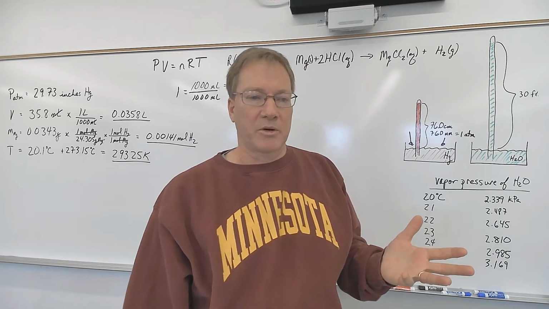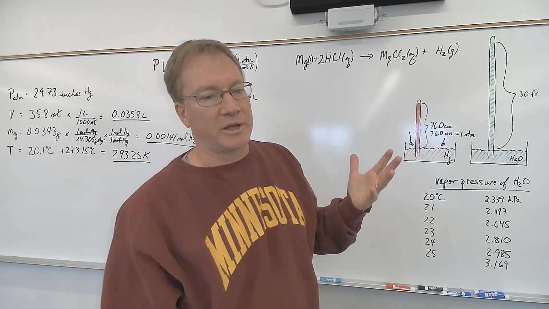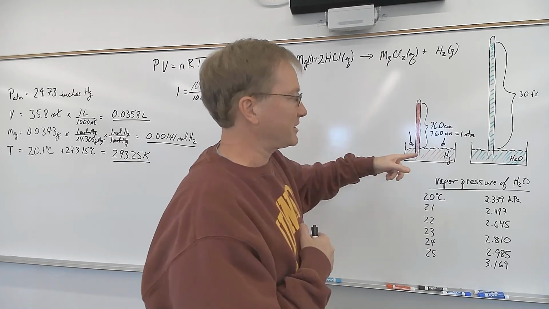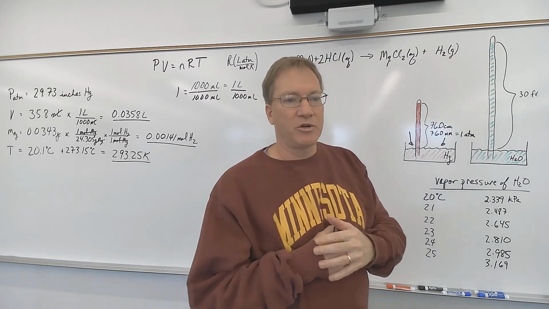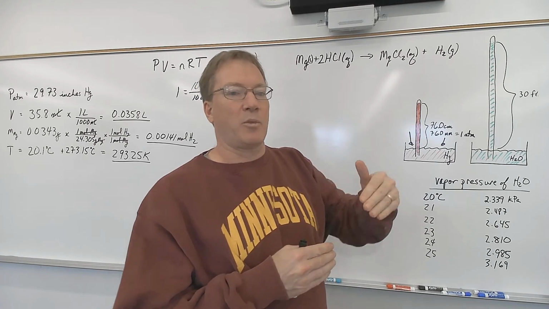Why do we use mercury when we know that mercury is poisonous to us? Well, what liquid would we use instead? We could think about using water, and if we were to do the same experiment with water, we would need a tube that is over 30 feet tall in order to measure how high that water is going to go up.